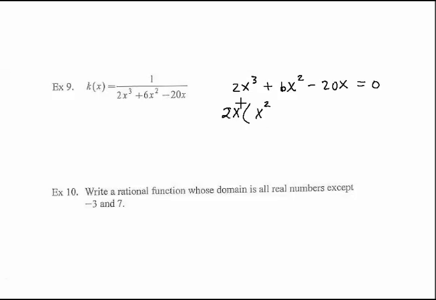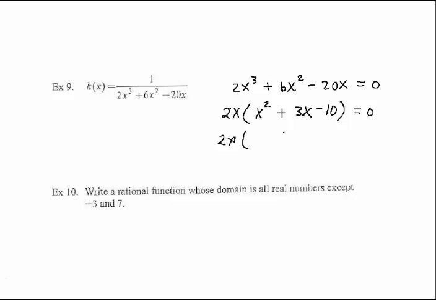X to the third divided by x is x squared. 6 divided by 2 is 3. X squared divided by x is a single x. -20 divided by 2 is -10. And then x divided by x, the x's simply cancel out. So we have one factor here, we'll keep up with it.